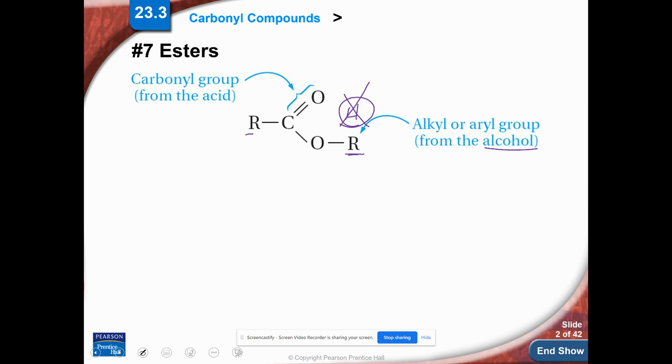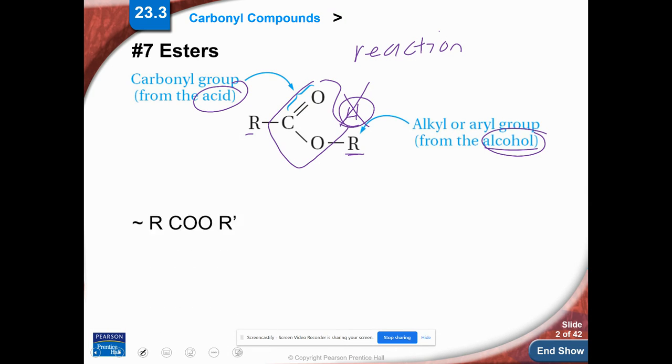An ester really derives from a reaction between acids and alcohols. Our reaction between an acid and an alcohol gives us this new functional group called the ester. This is the ester functional group right there in the middle.